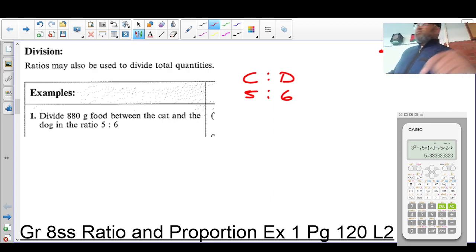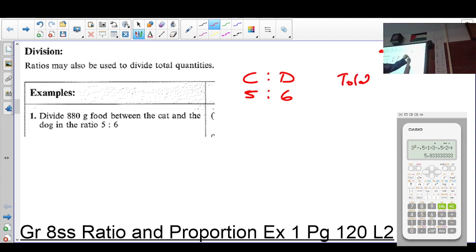If we add the ratios, what do we get? 11. The total is going to be 5 plus 6, which is 11.